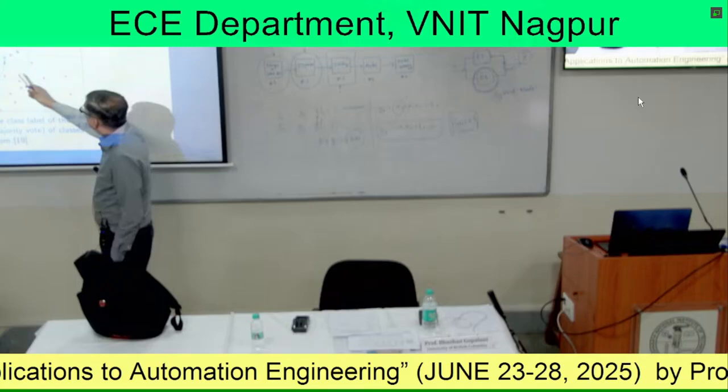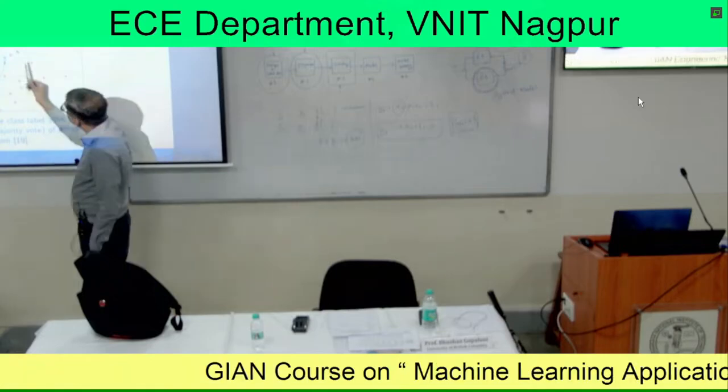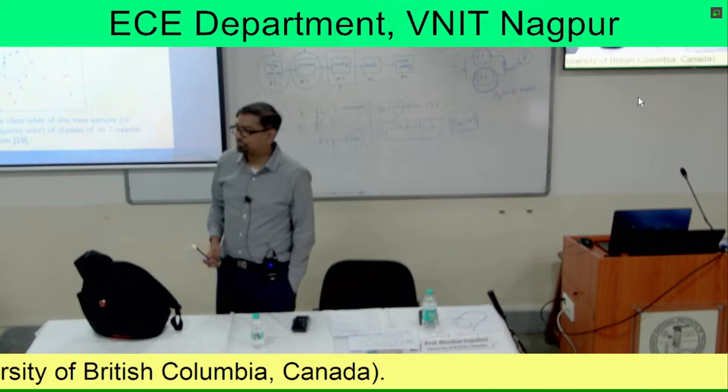Out of the 7 nearest neighbors, 4 are in the pink class and 2 are in the blue class. Okay? So what is the likelihood that this new sample is in the blue class, or is it? What do you think? Does it belong to the blue class or the pink? Right.